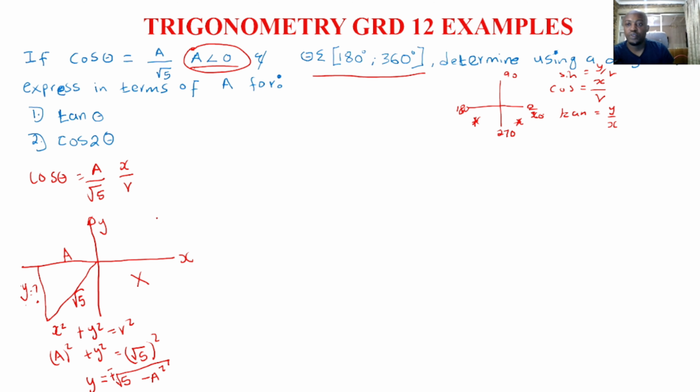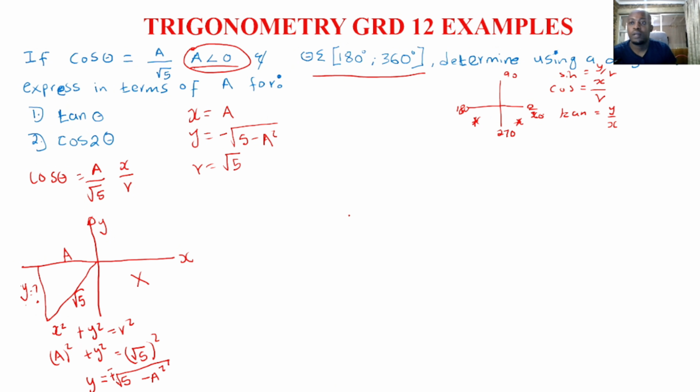So we know our x and our y. Let me put them up here: x is equal to a, which is less than 0, and y is equal to minus the square root of 5 minus a squared. And then r, we know it's given as square root of 5.